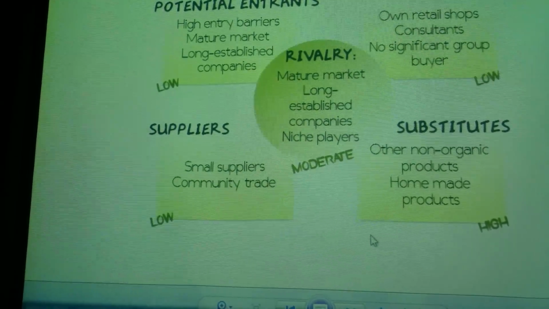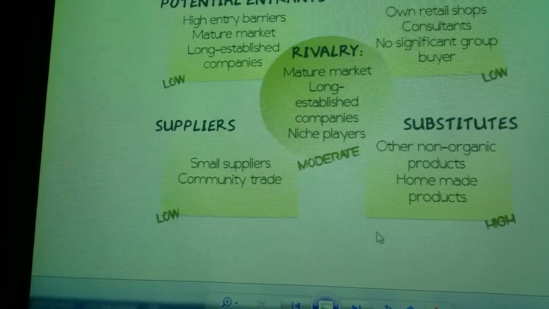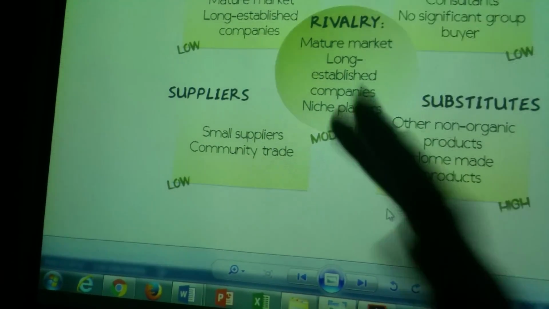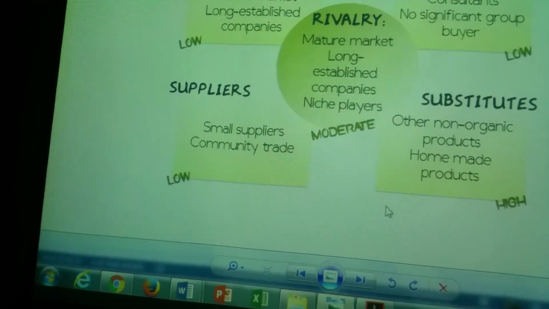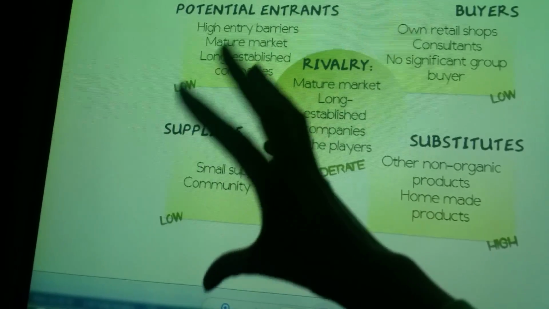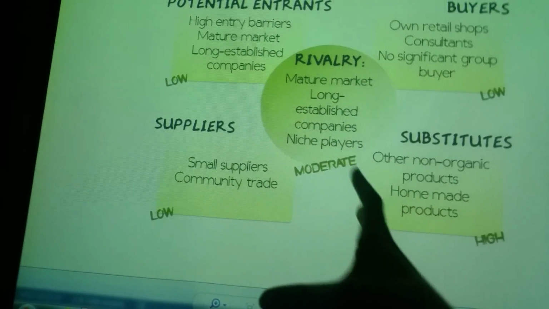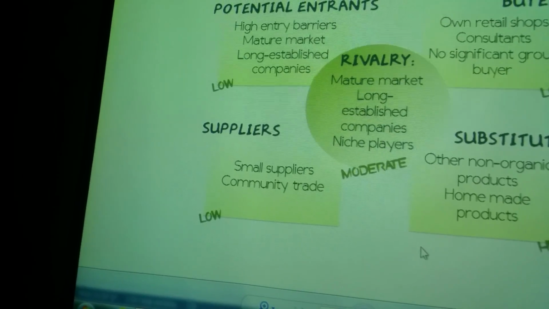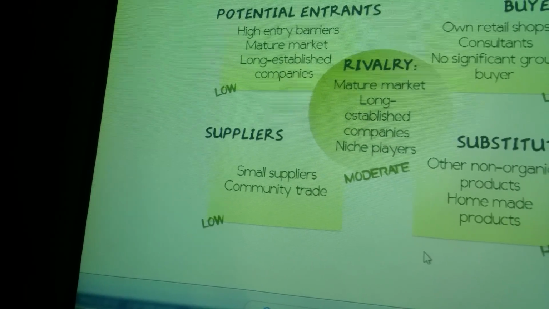High entry barriers, mature market, long established companies. So we're talking about the risk that we might have. Okay, so for potential entrants, we have a low risk. Why? Because Body Shop has been established. It's very, very, very well established, right?